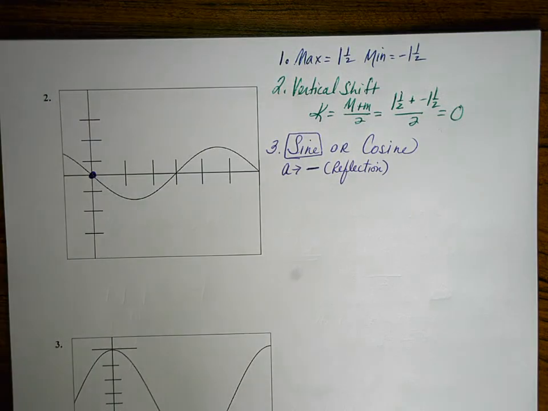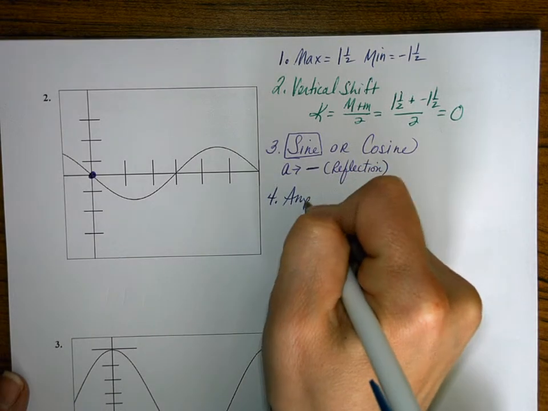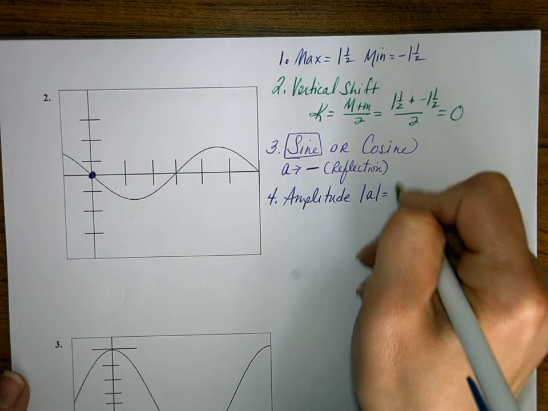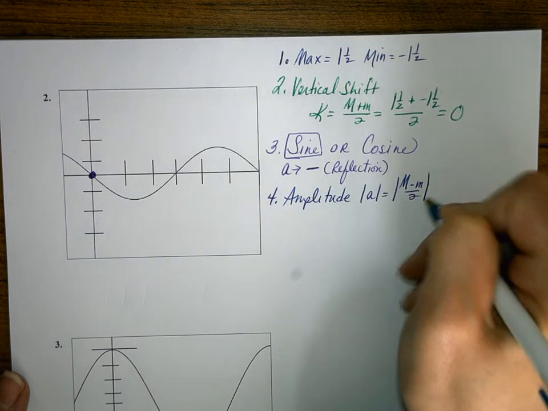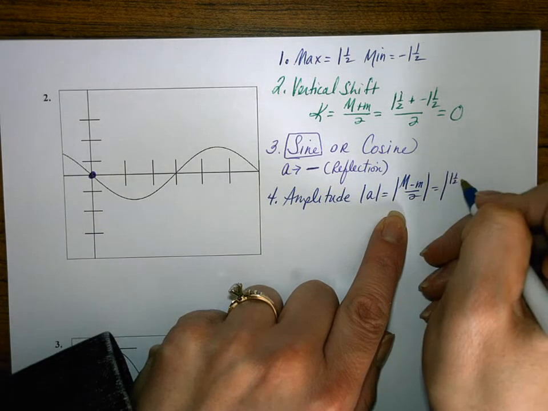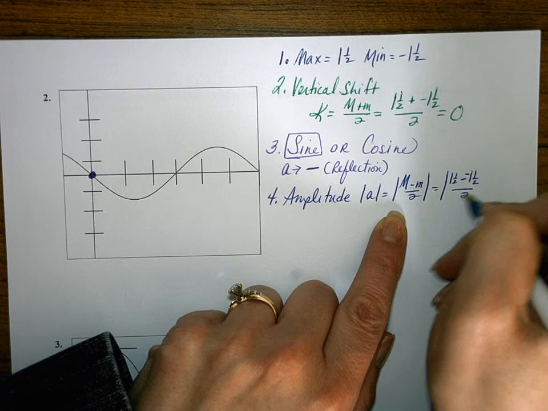All right, then, got to think about that amplitude. The absolute value of A is equal to the absolute value of the maximum subtract the minimum divided by 2. So the absolute value of my maximum of 1.5 subtract my minimum of negative 1.5 divided by 2.